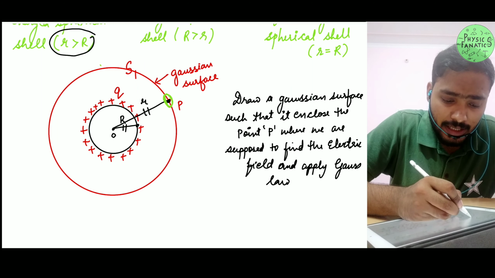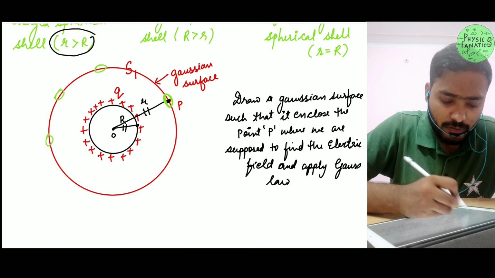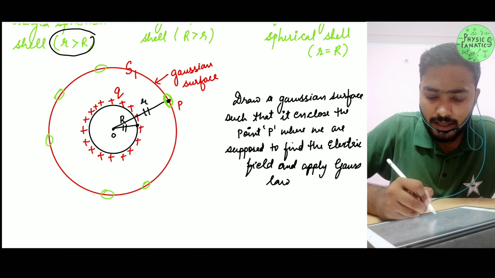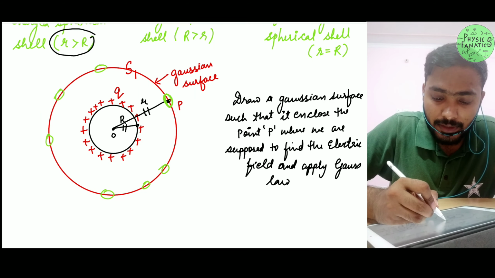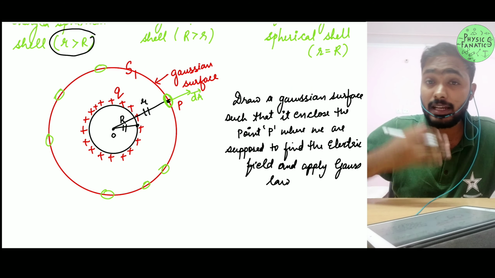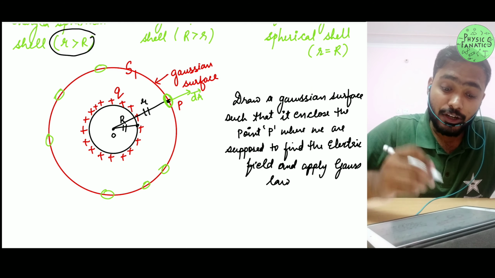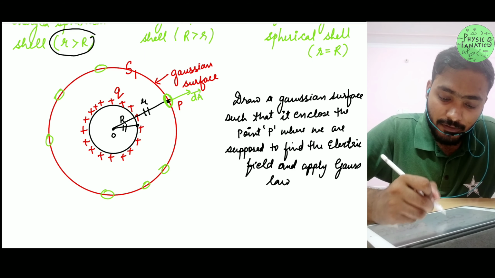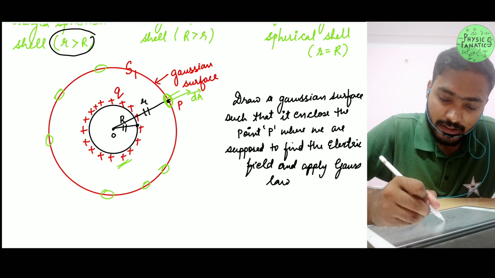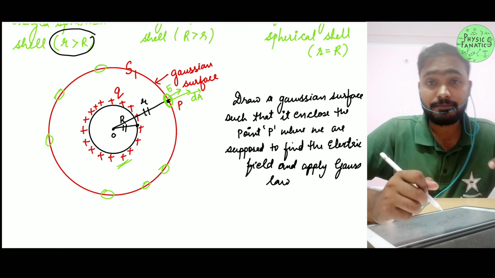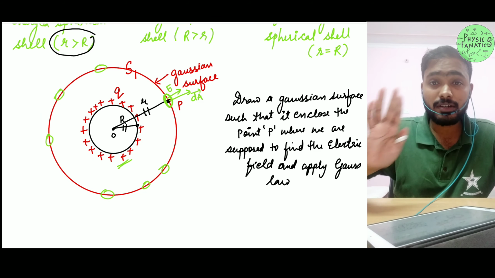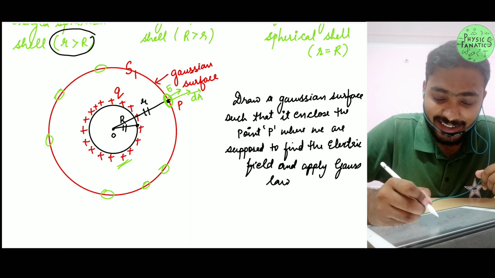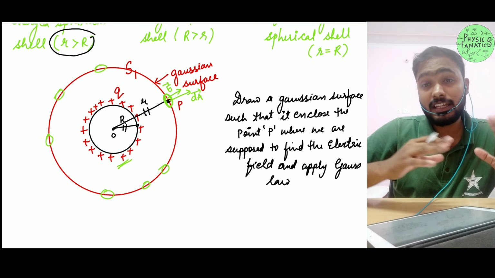The area vector will be coming out, perpendicular to the surface, and because of all this positive charge, the electric field will also be coming out, right? So the electric field is coming out, and the area vector is coming out.